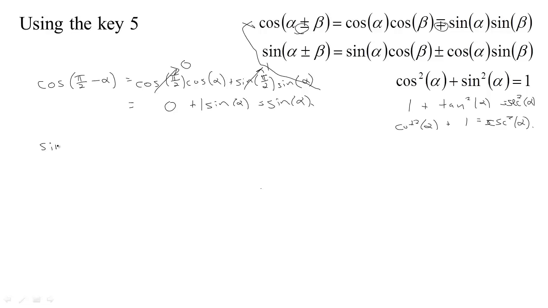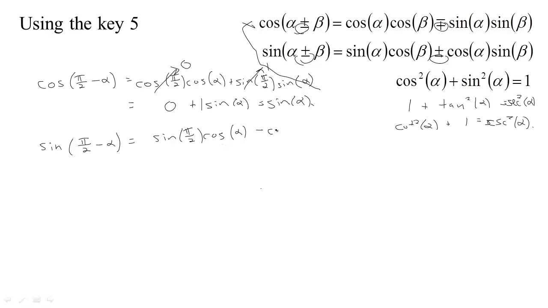You could also get the other cofunction identity for sine here. The sine of pi halves minus alpha, using this formula, would be the sine of the first, so the sine of pi halves, times the cosine of the second, so the cosine of alpha. Since there's a minus sign here, we're going to use the minus sign, because those go together.